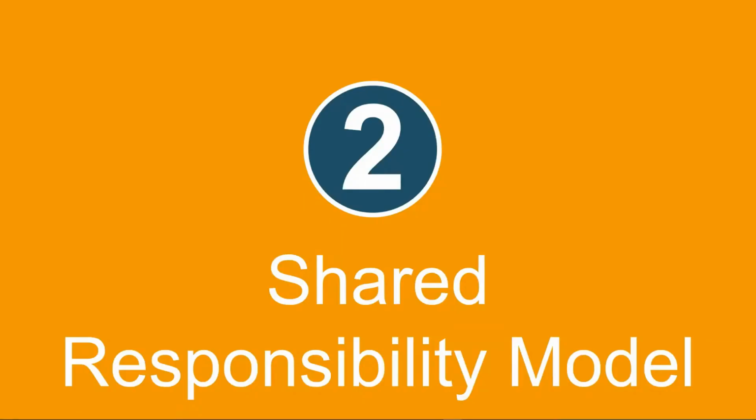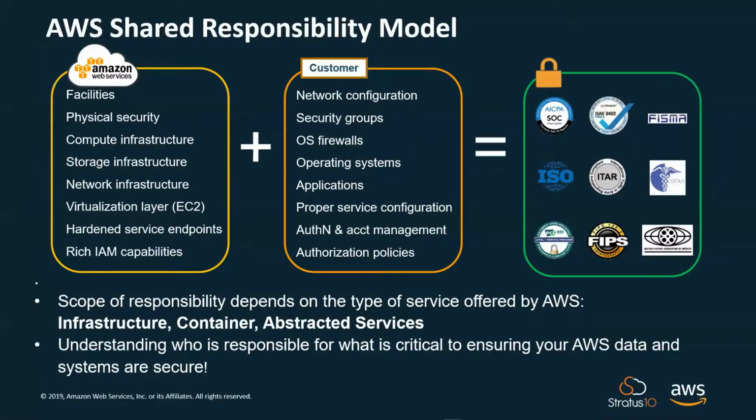I mentioned the shared responsibility model. What is the shared responsibility model? It's basically a contract between you, the AWS user, and AWS that defines what things you are responsible for and what things AWS is responsible for as far as security goes.